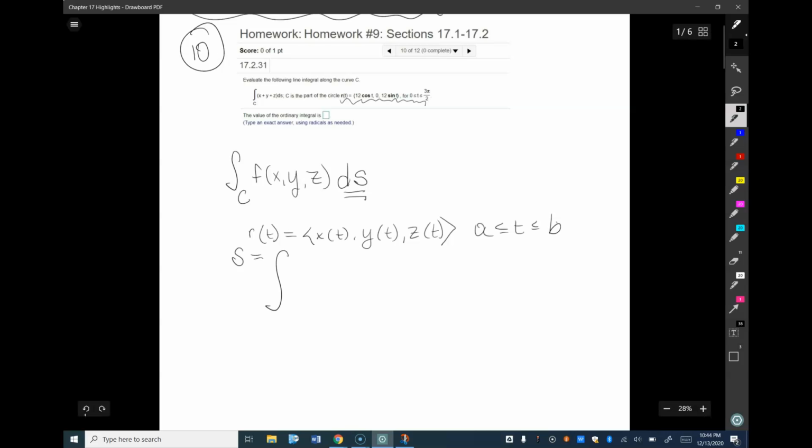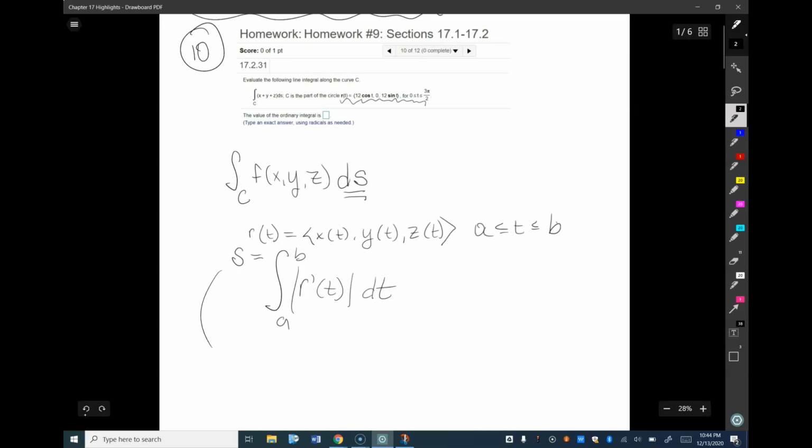Arc length is the integral of the magnitude of r prime of t dt from a to b. That's how we figure out the length of that curve.